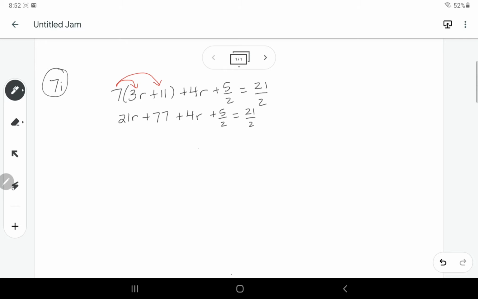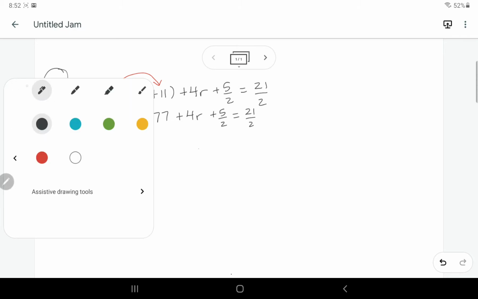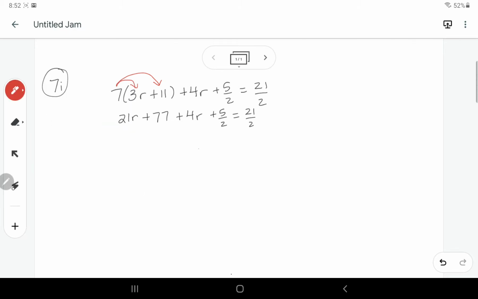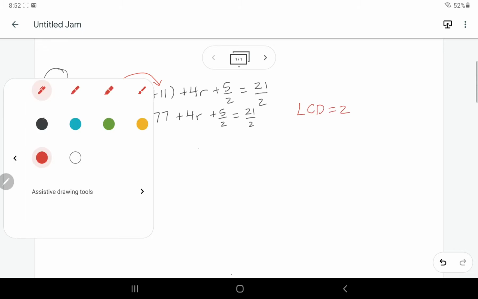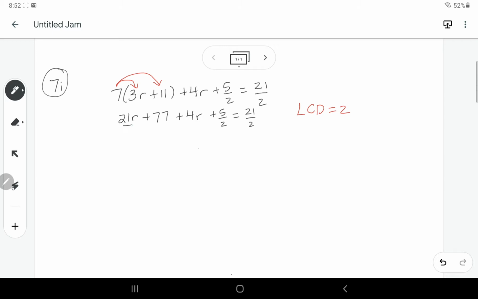So I'm going to multiply by the lowest common denominator, which is 2. And I need to make anything that's not a fraction into a fraction by putting it over 1. And then I'm going to multiply by the lowest common denominator, which is 2, for each of those.